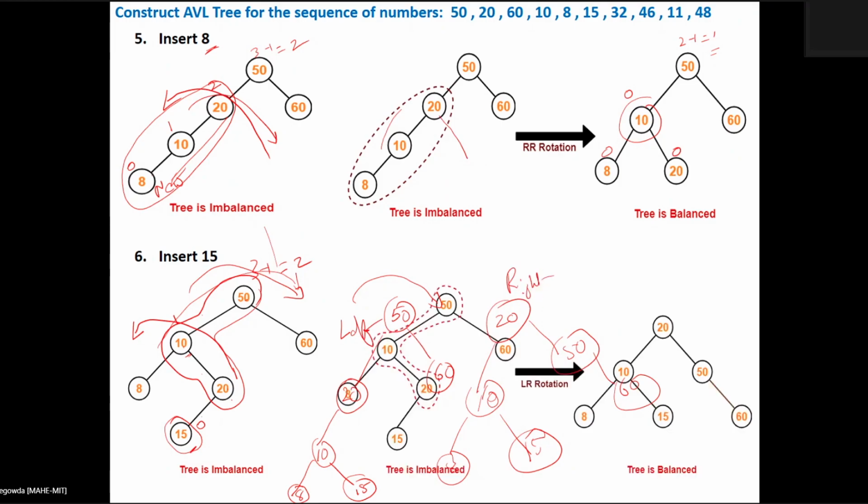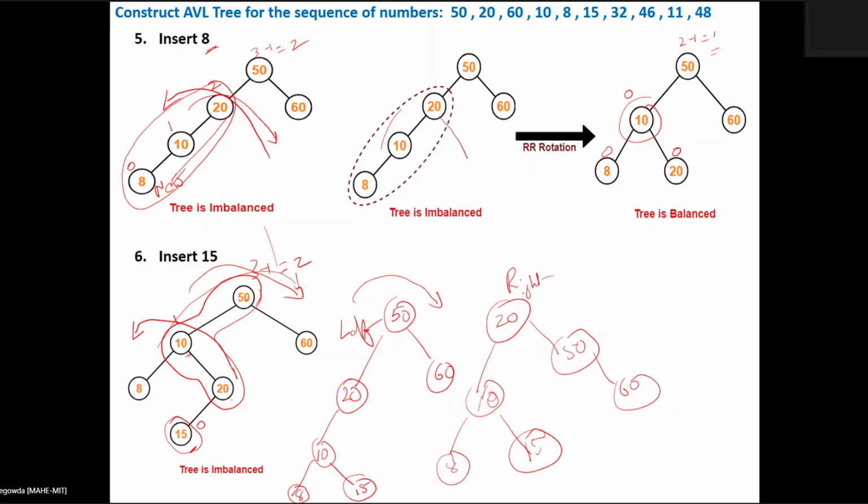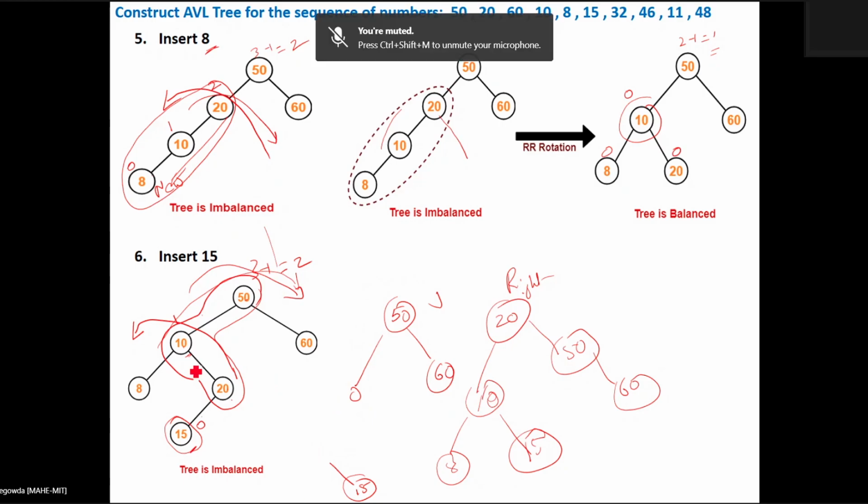Okay, you see there, this is the tree. I wanted to ask a doubt. Tell me. Actually, the naming for the rotations, I wanted to ask regarding that. For example, in the fifth part that you have written, insert 8, the imbalance is caused in the left, right? The balance factor of 20 is 2. So that's why the imbalance is left.